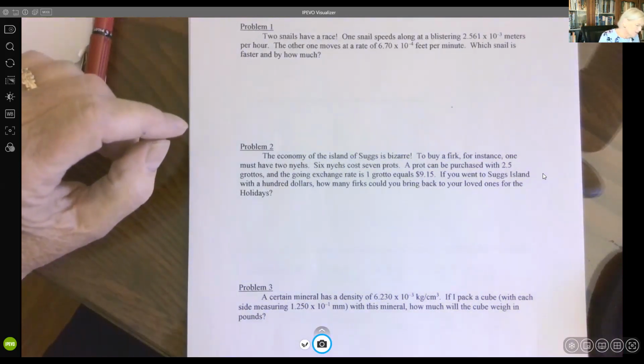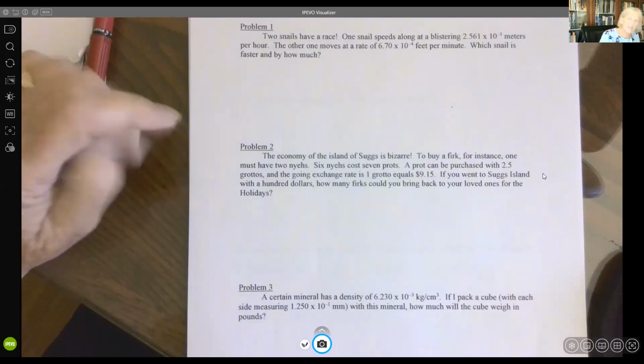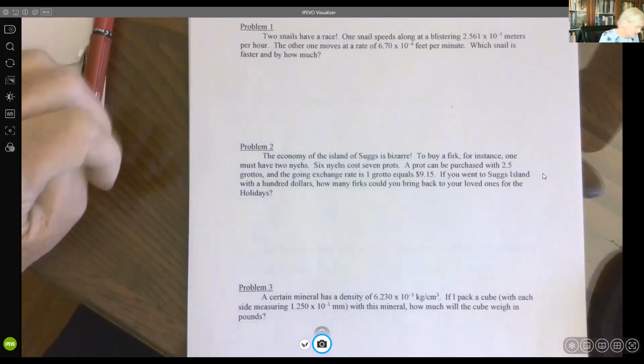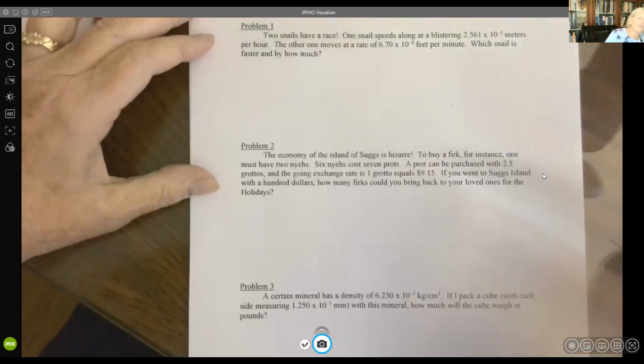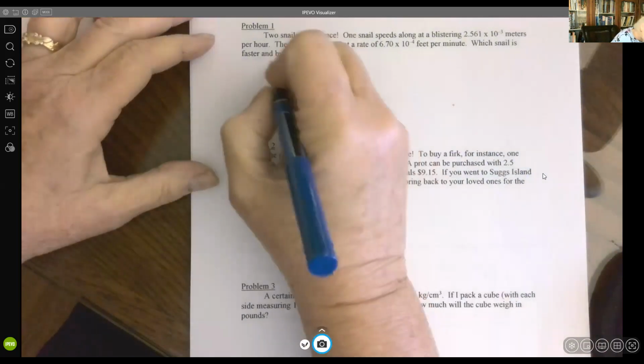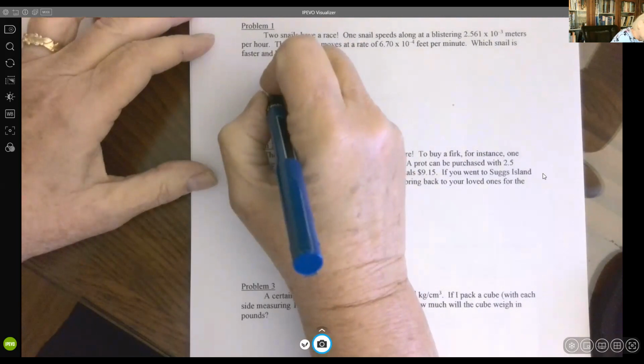Well, you have to convert one of those numbers into the other units. So you can do this one of two ways, and you only have to do it one way. On the answer sheet, I've done it both ways.